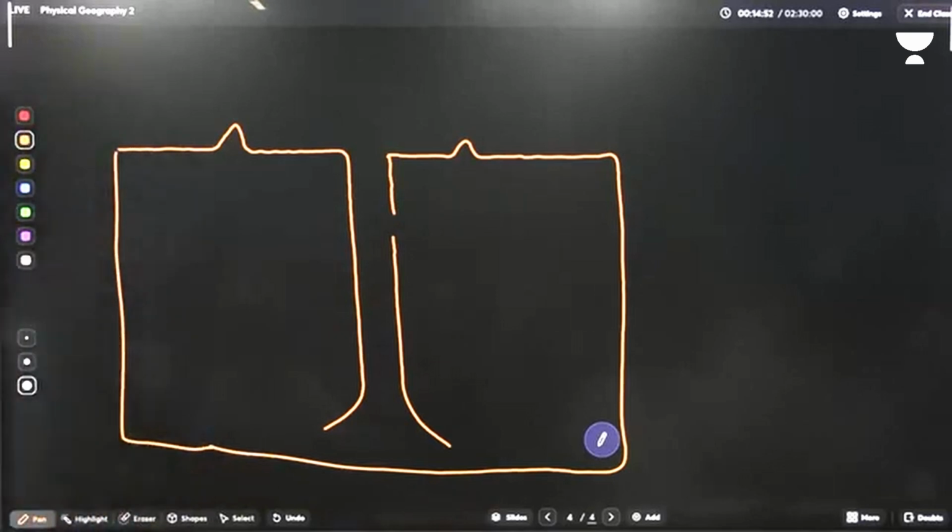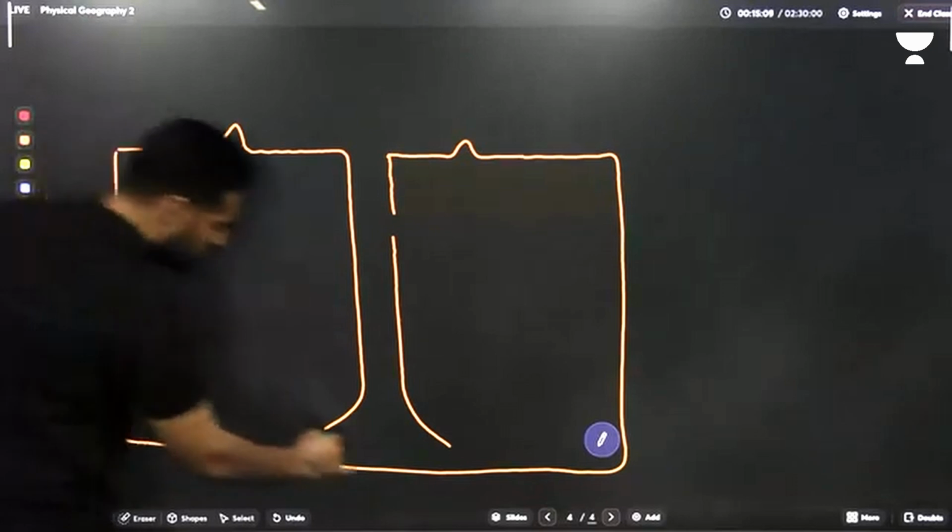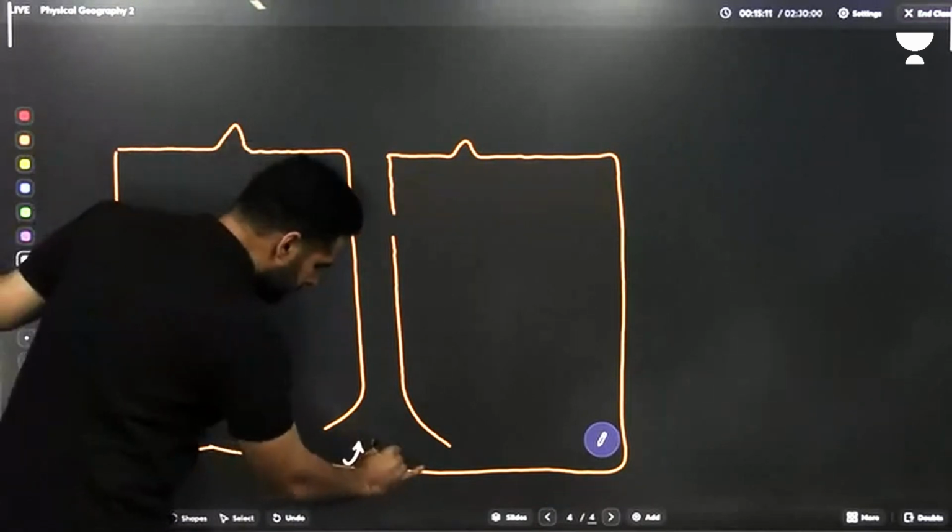Can I say rocks can have several cracks and joints? Are all cracks and joints visible to us? No. Some may be visible, some may not be visible. Okay. Assume here magma is rising from the magma chamber. ठीक है?